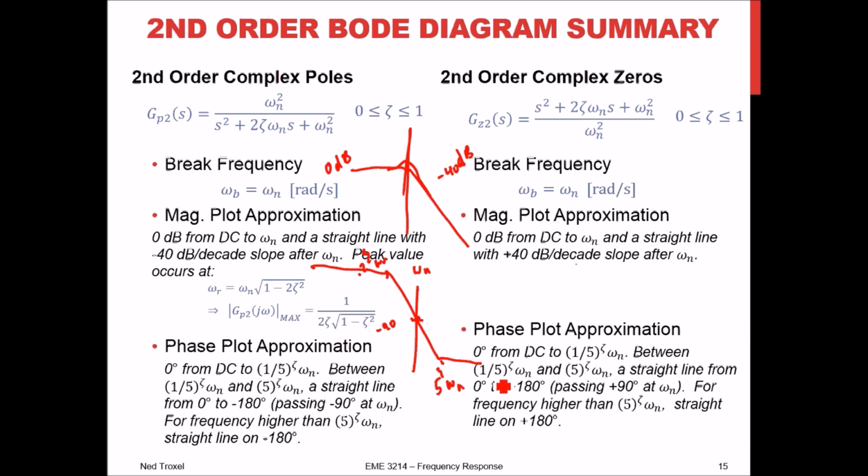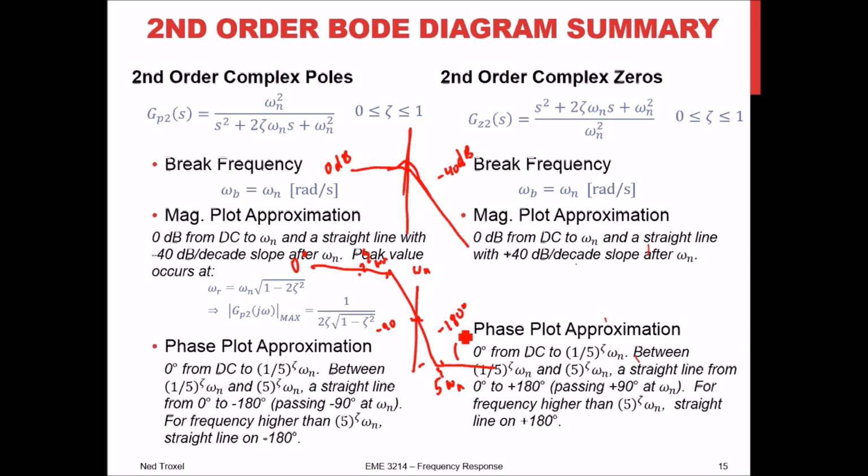And for the zeros, these are flipped over. The 0 dB and 0 degrees phase. This will be a minus 180. We're going to wind up here at a minus 180 degrees. So it's like each pole of this second order system will give you a minus 90 degrees of total phase lag.